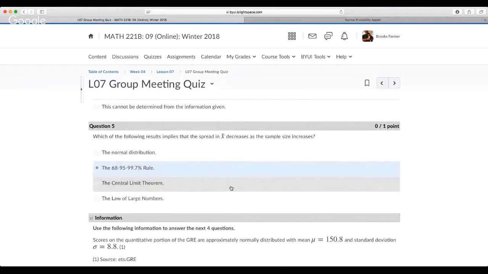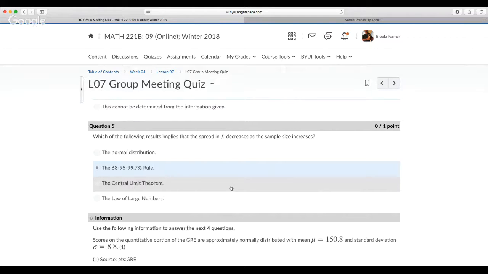Question 5 is asking, the result implies that the spread in X bar decreases as the sample size increases. The one we were debating about. I tried the 68-95 rule. It wasn't that. I bet it's central limit. Why don't you try it for your first attempt, and I'll change it on my second. It's not the central limit. Okay, is it the law of large numbers then? Must be, because it's not the normal distribution, obviously.